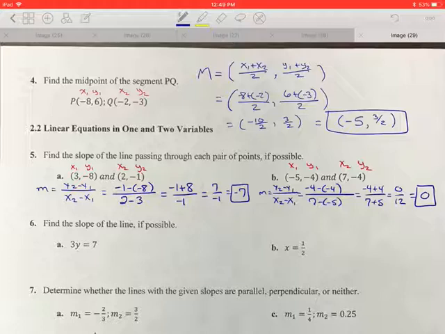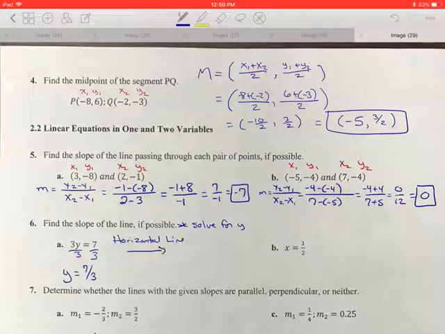All right, next we're asked to find the slope of the line. So what you want to do here is you want to solve for y. Okay, in this case, notice we have y's but no x's. We know that this is going to be a horizontal line. All right, so it's going to look something like this.